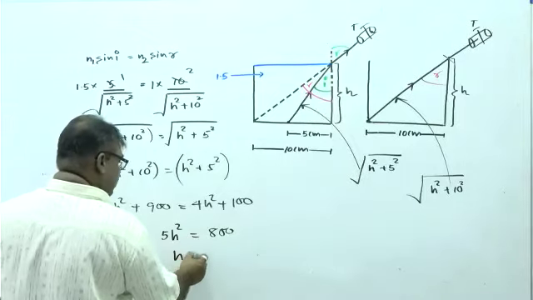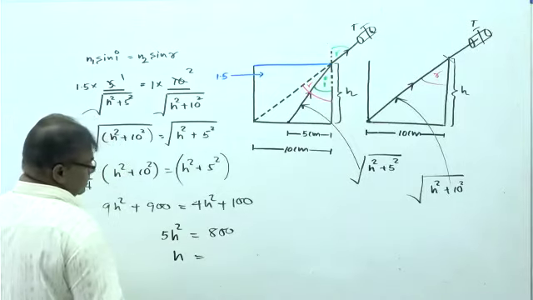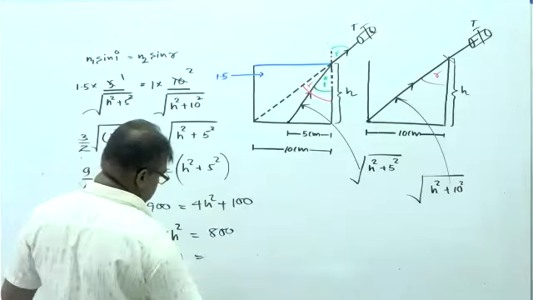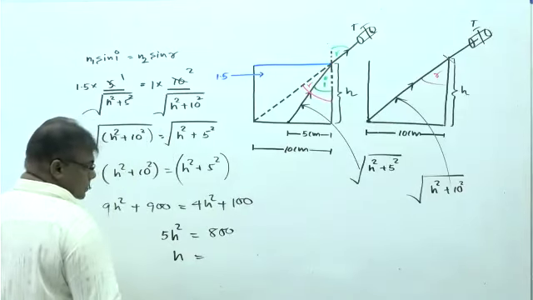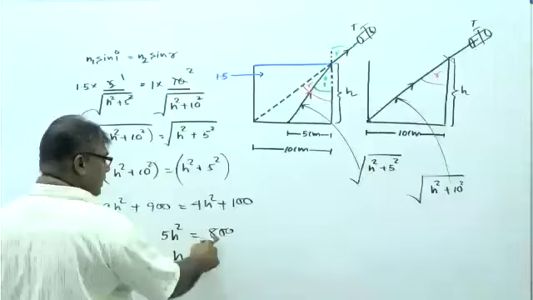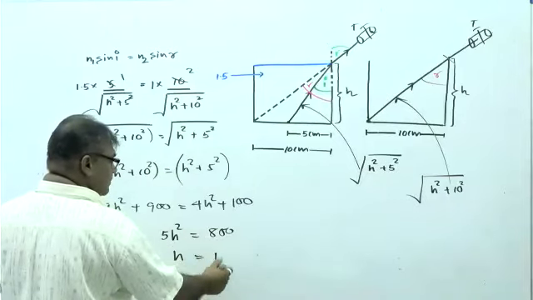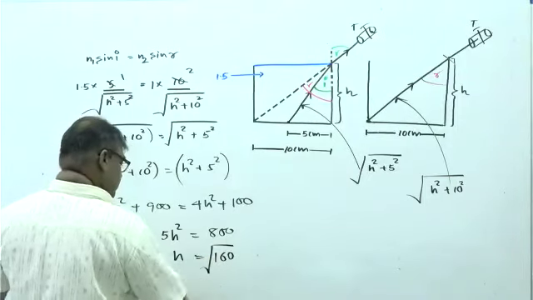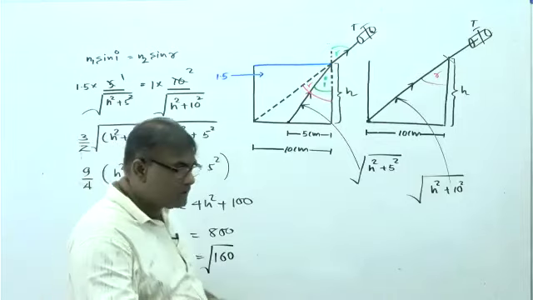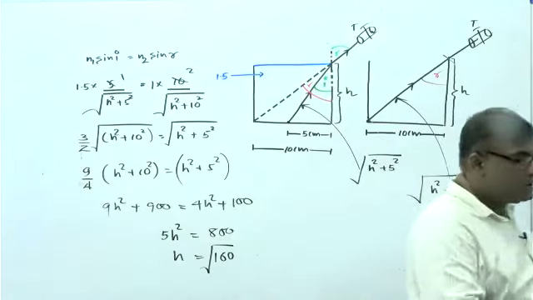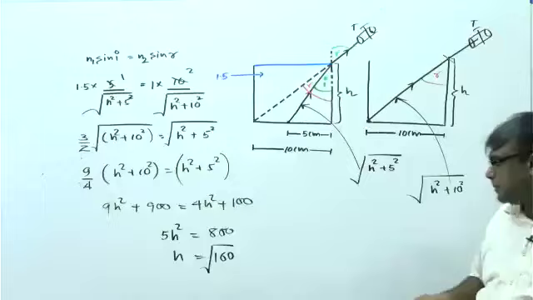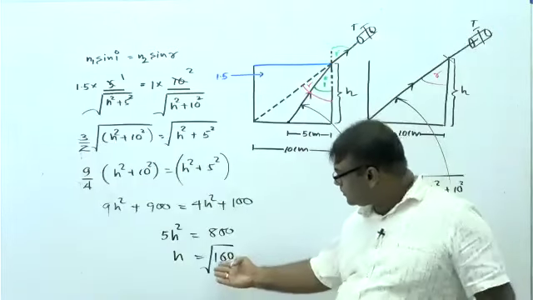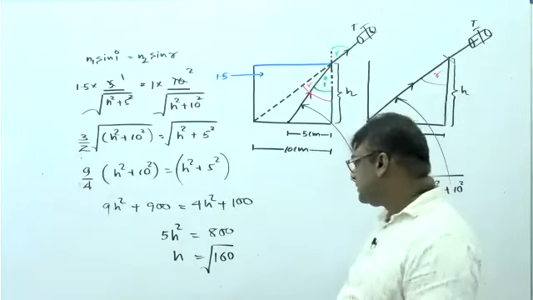Then h becomes 800 divided by 5, that is 160, root, no? Root 160.